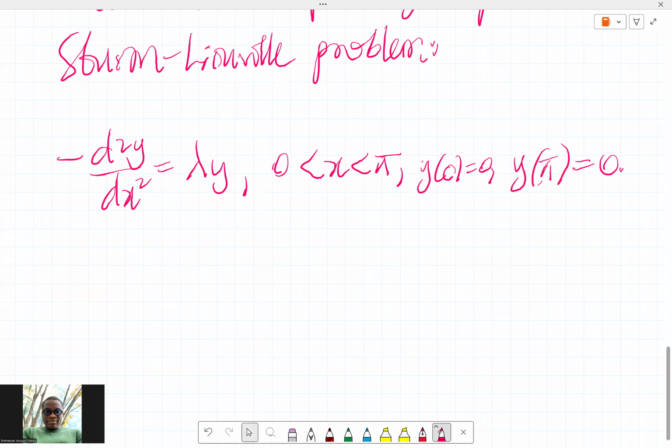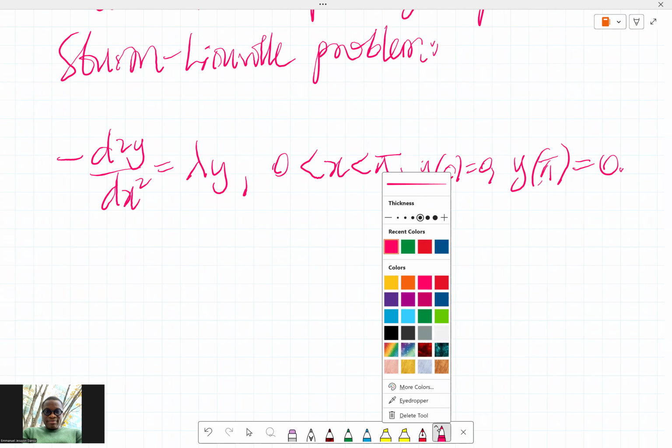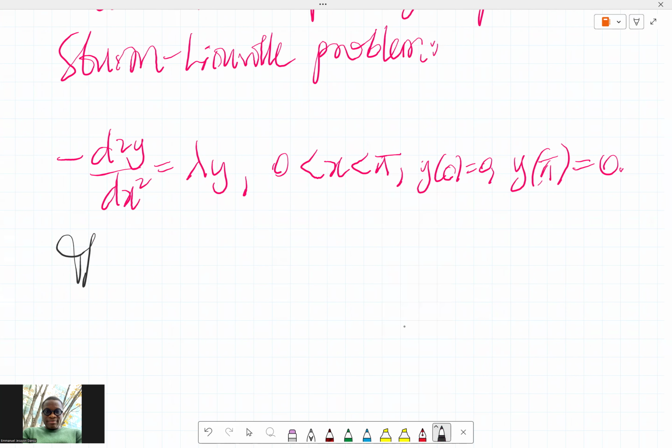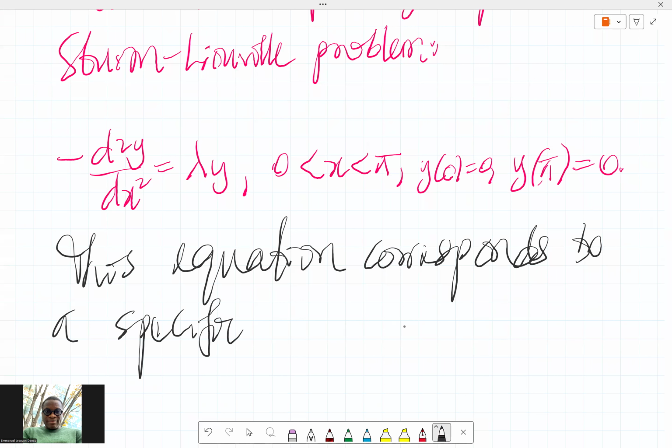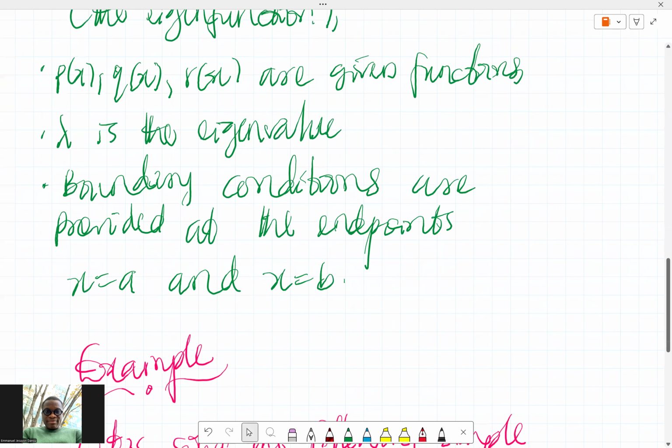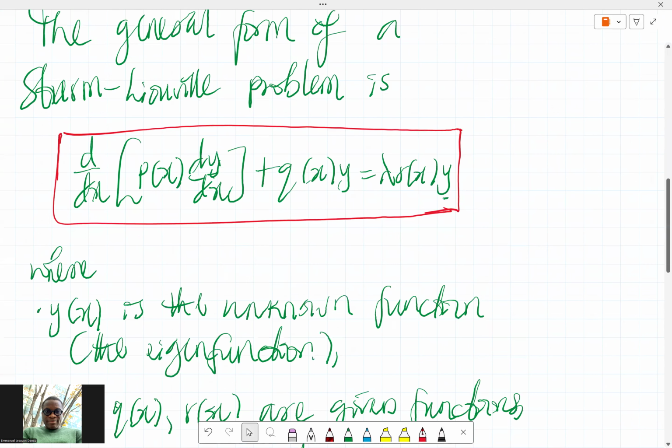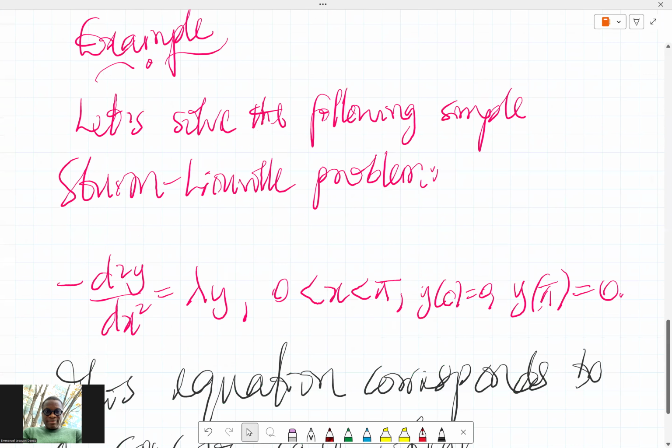It's important to know that this equation corresponds to a specific case. Now if you compare this with the regular Sturm-Liouville problem, this is d squared y dx squared.